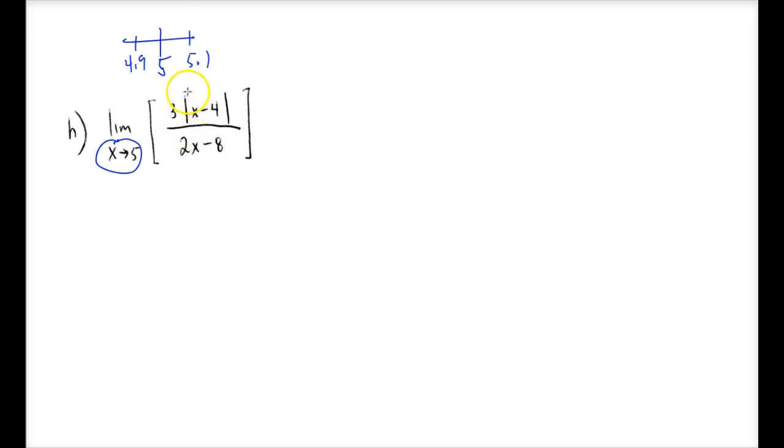If I was to plug in 4.9 into this absolute value, I would get a positive number, namely 0.9. If I did the same thing for, let's say, 5.1, of course, 5.1 minus 4 would still give me a positive number. So because of that, in this instance, since all the numbers that are closely around 5 are going to produce just positive numbers inside of this absolute value sign, we could actually rewrite this limit this way.